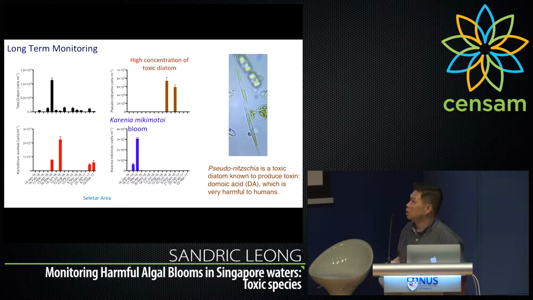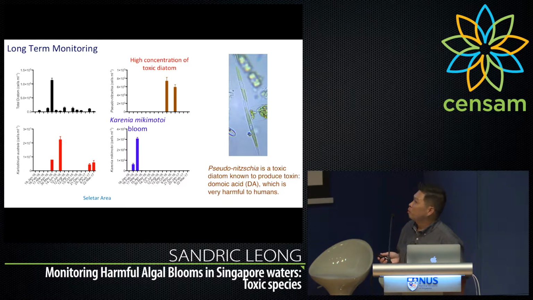These are the 2 fish killer species, and this is one of the toxic diatom species which we found this year at a relatively high concentration. We have never seen such high concentration before, and this toxic diatom is known to produce domoic acid, which is very harmful to humans.